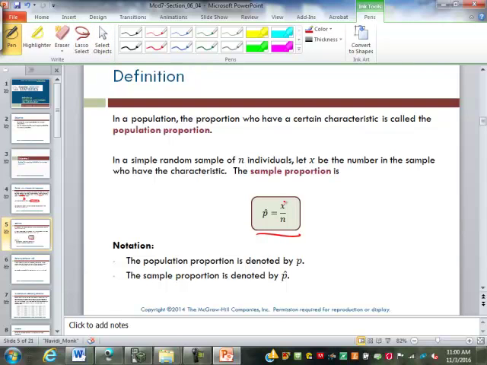X is the number that have that characteristic. N is the total number of individuals in that sample or in that population. If it's a sample, of course, it's p hat. If it's the population, it's just p. In fact, some textbooks use pi to designate the population proportion. In this textbook, they use just p to designate it. For the sample proportion, it's p hat.